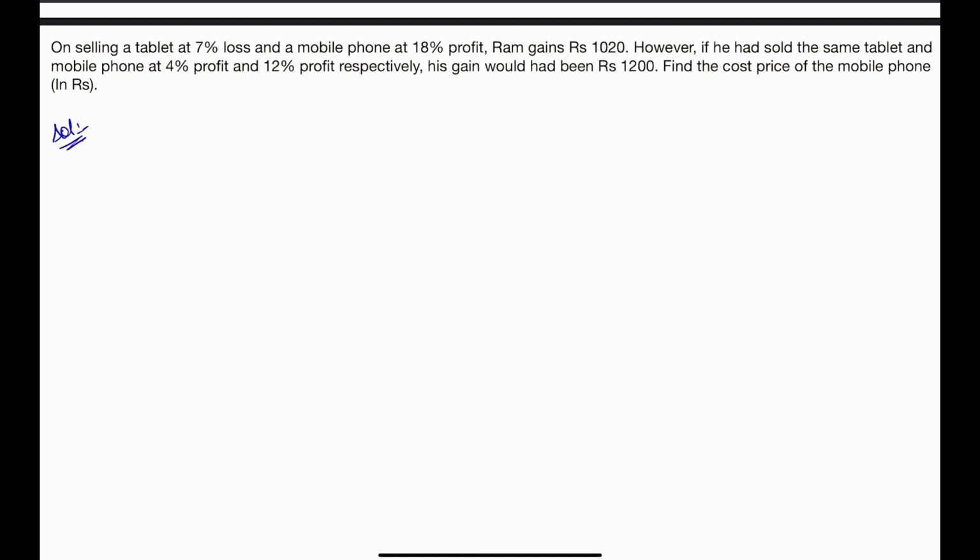So one thing which strikes me the first time is to solve this question with the help of x and y. So instead of x and y, to make the question easier, I will consider my cost price of tablet to be 100x and my mobile phone to be 100y.